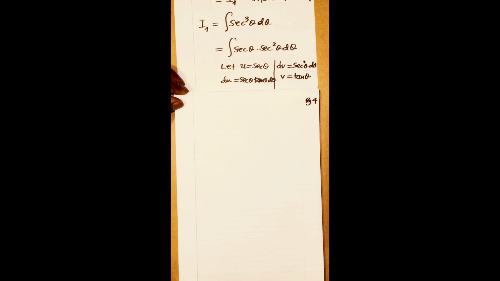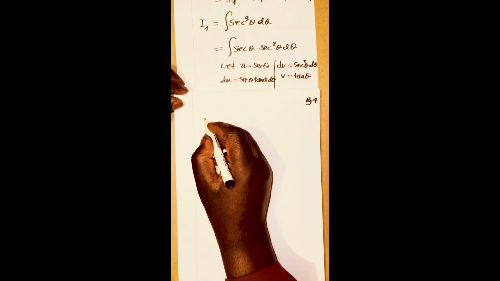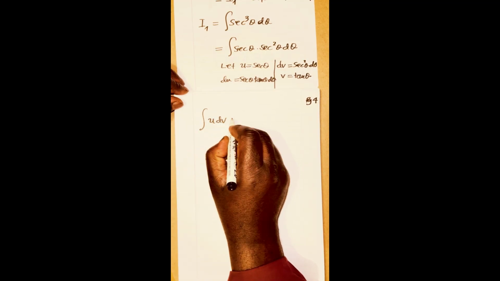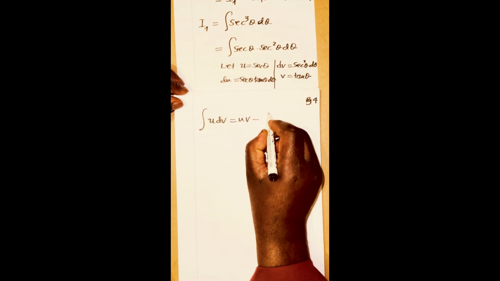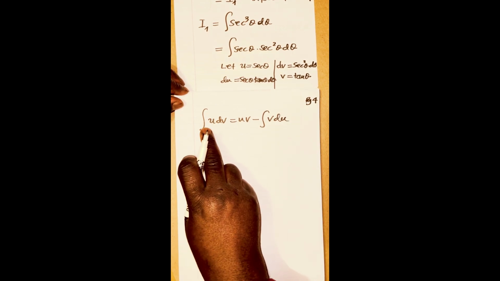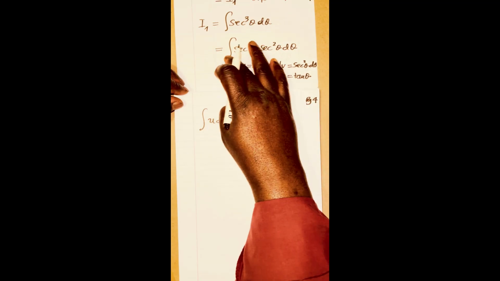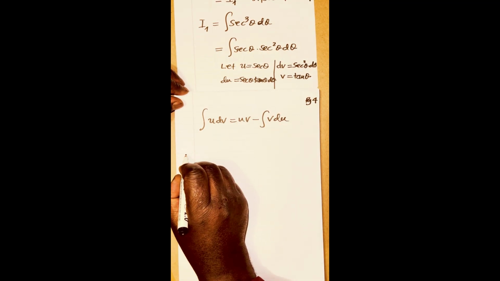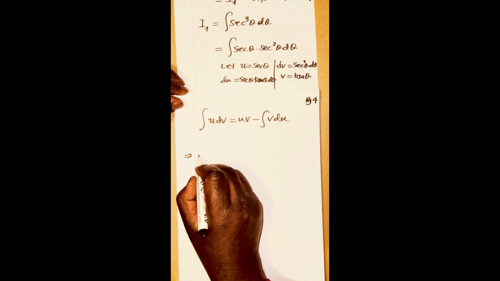Integration by parts says the integral of u dv is equal to uv minus the integral of v du. You should remember this by now. And if you look at this part, it's just that part there, sec times sec squared d theta. So remember, that's our I1.